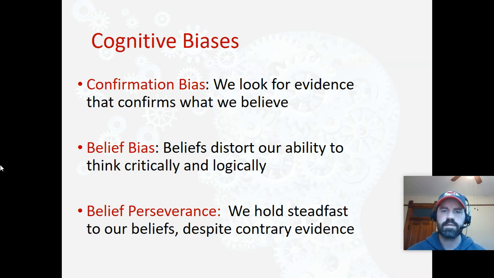I don't trust this. And if that persists, and you are given lots of evidence against your beliefs, but you hold steadfast to those beliefs, we call that belief perseverance.